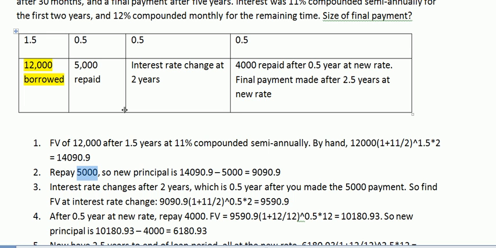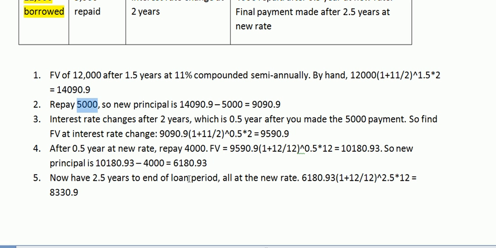After another half a year, the interest rate changes. So we must now bring forward the new principal of 9090.9 to the date at which the interest rate changes. This is half a year after you made the $5,000 payment. So now we need to find the future value at the interest rate change.